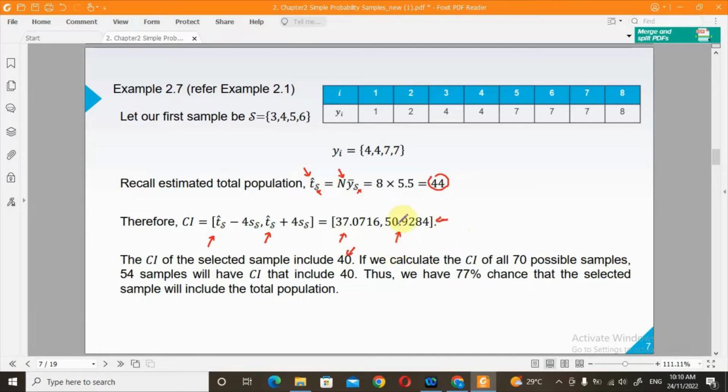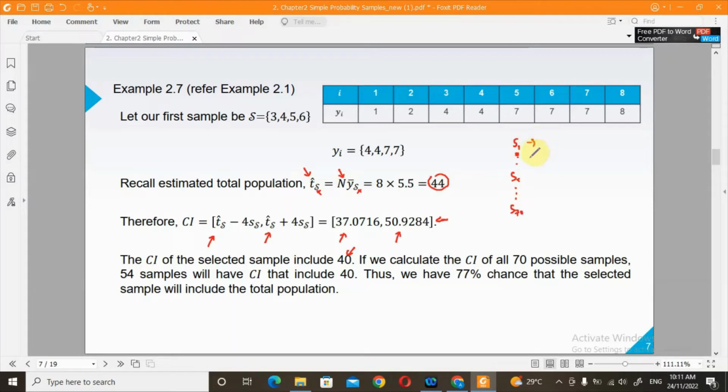Just to make sure that you are not confused, I showed earlier the calculation of the CI for sample number 1, and down here we will have sample X, until we have 70 possible samples.